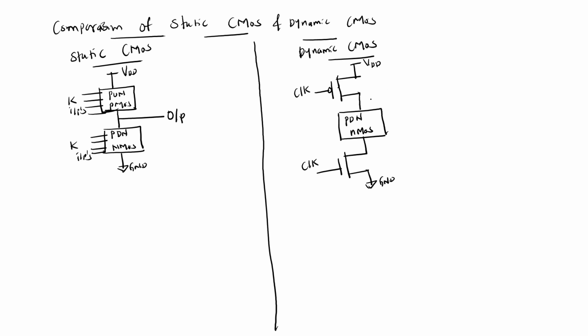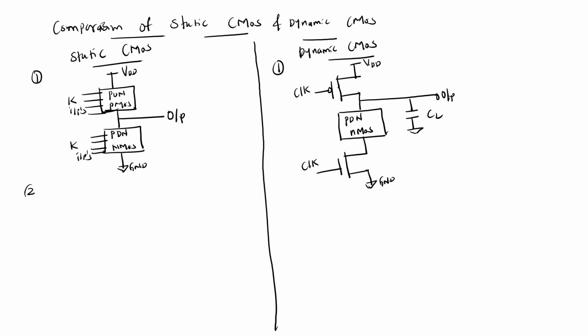You take the output here, and you have a load capacitor CL. So this is the first difference, based on the circuit diagram.